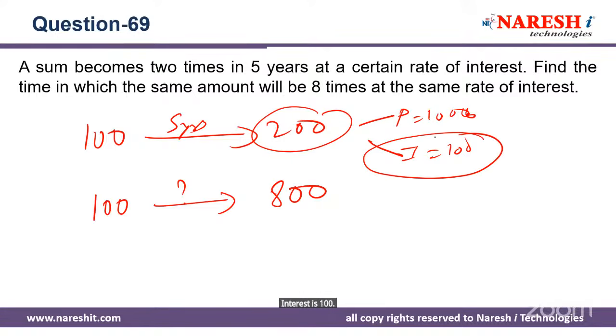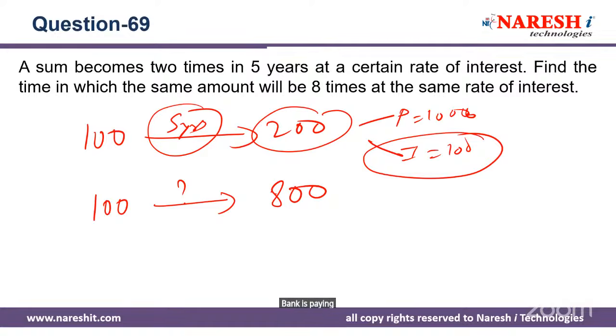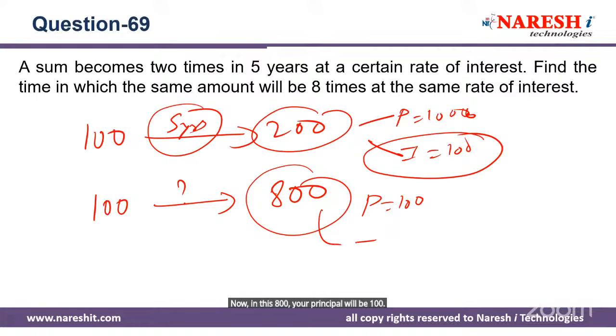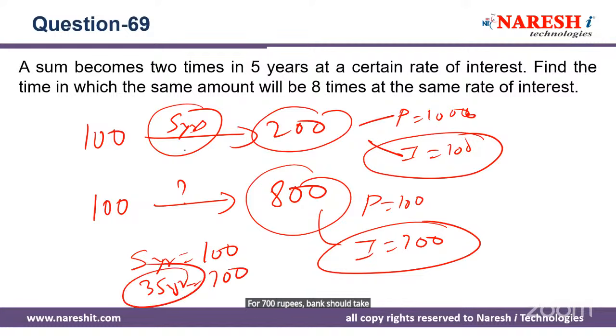So the bank is paying 100 rupees interest in a time period of 5 years. Now, in this 800, your principal will be 100 and the bank should pay an extra interest of 700. If the bank takes 5 years for 100 rupees, for 700 rupees the bank should take 35 years. So my answer for this question is 35 years.